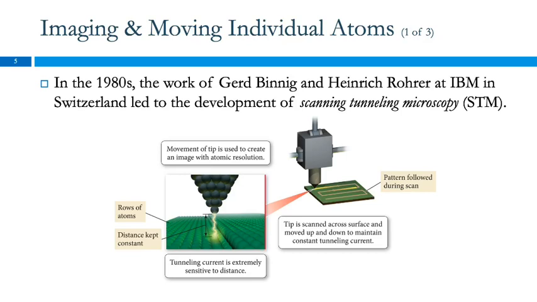What we've got here is a microscope, but it's very, very different from an optical microscope. It's really a computer sensor that generates an image. This probe is controlled by a computer, and it moves back and forth across the surface that is being imaged. This is a close-up of the probe.